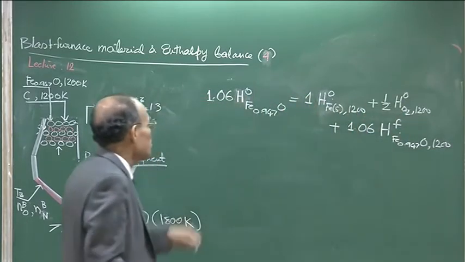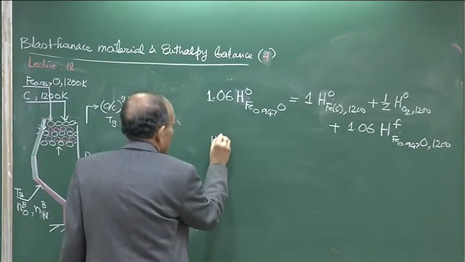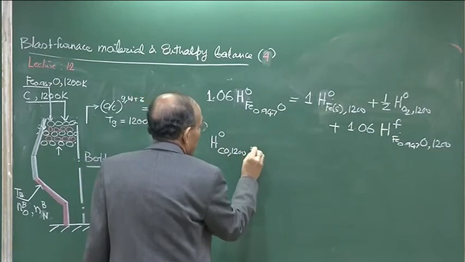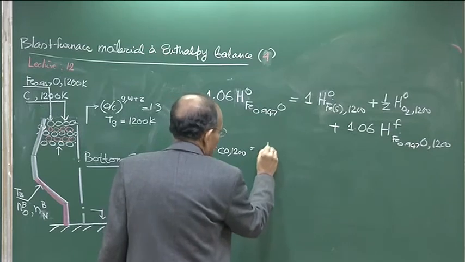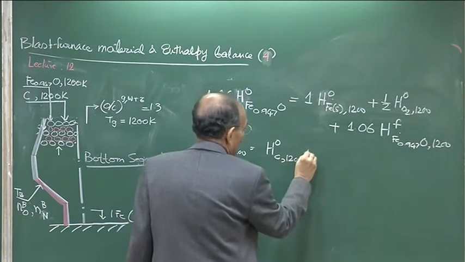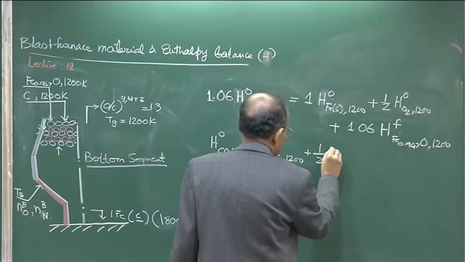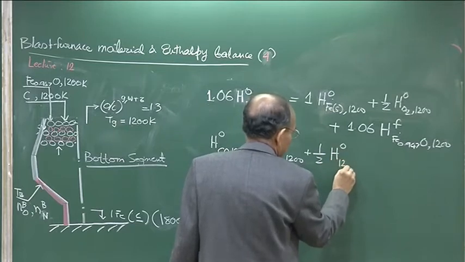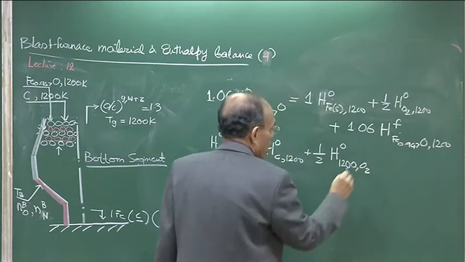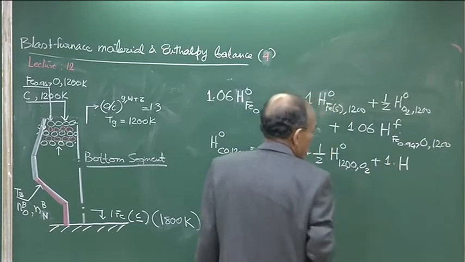The same expression we can write for carbon monoxide also: H naught of carbon monoxide at 1200. I will take 1 mole of carbon, so H naught of carbon at 1200. I will take half mole of oxygen, so half H naught of O2 at 1200, and then I will have 1 mole of CO, which is produced.